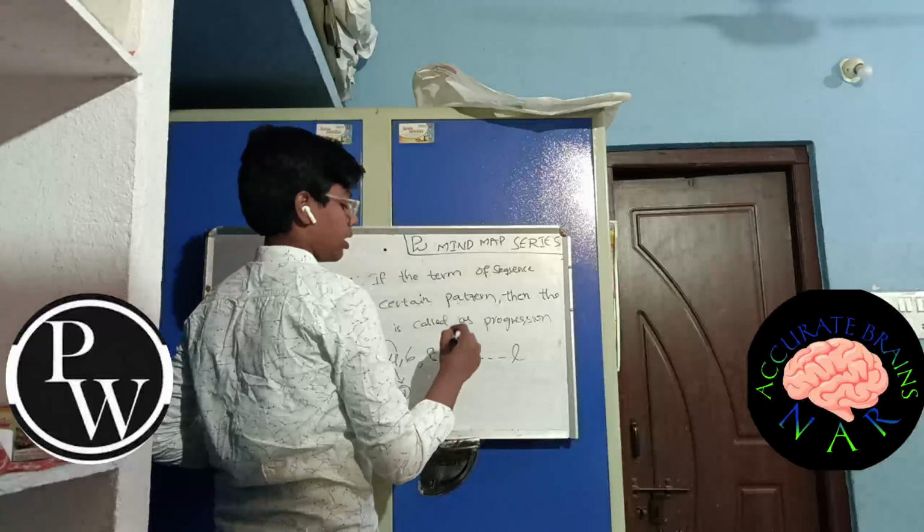This 1 you have to remember. This is for example, not for every case it will be possible, but here the common difference will be 1, and this 1 is called the common difference. Remember it.